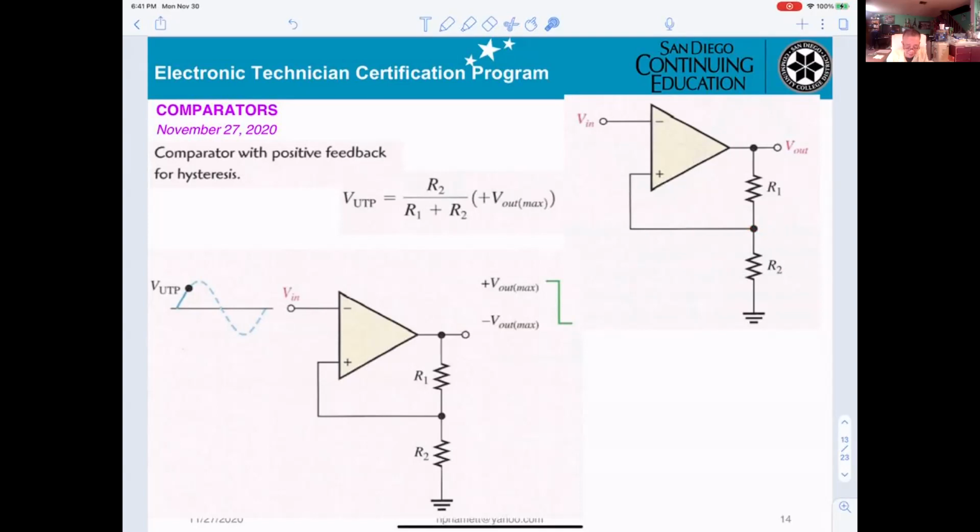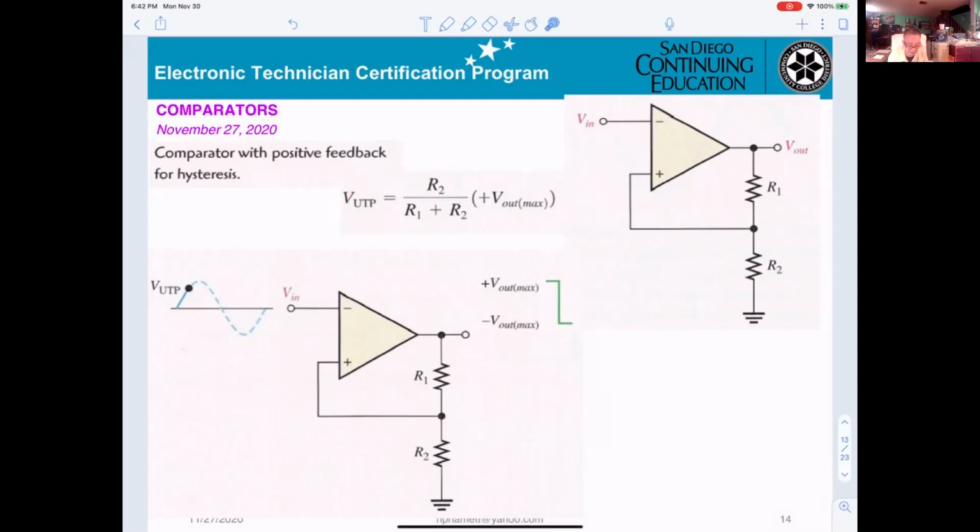They calculate the upper trigger point as V plus times R2 divided by R1 plus R2, a voltage divider. If you look at that, you get a point they call VUTP. You get that V by doing your calculation here.